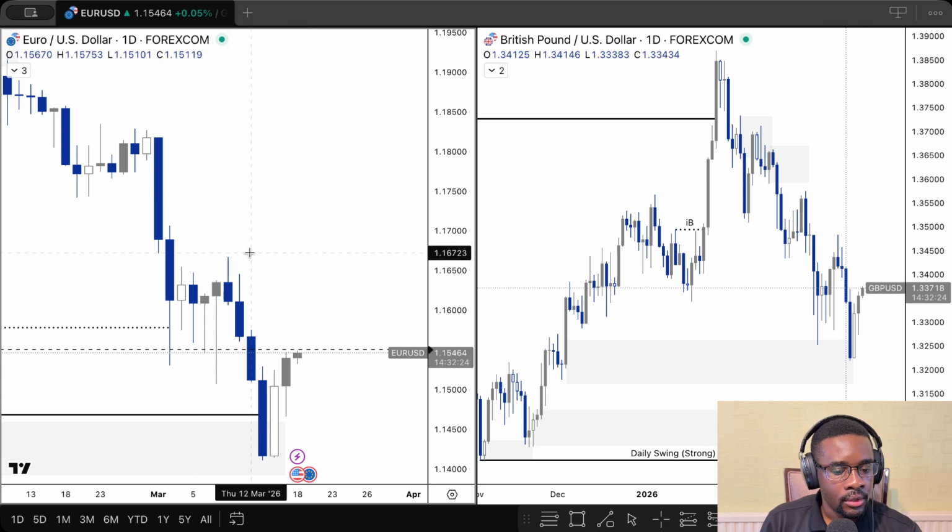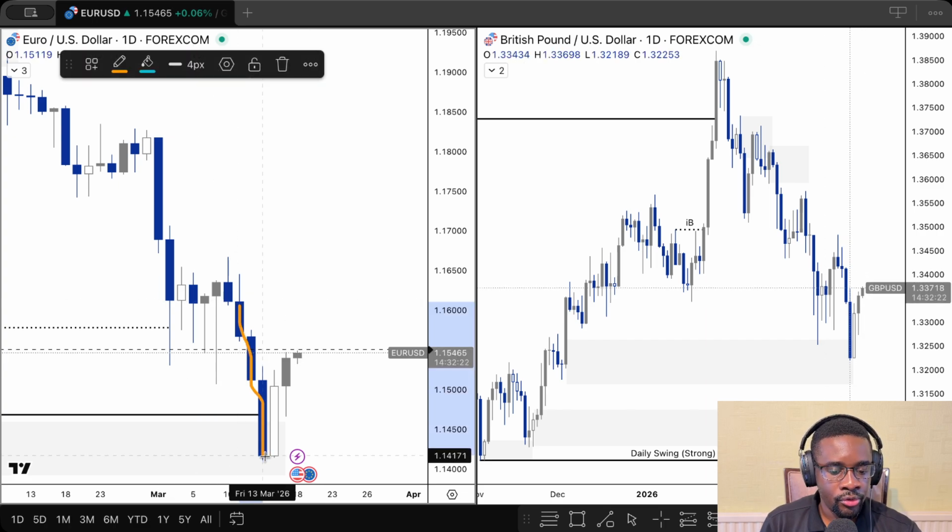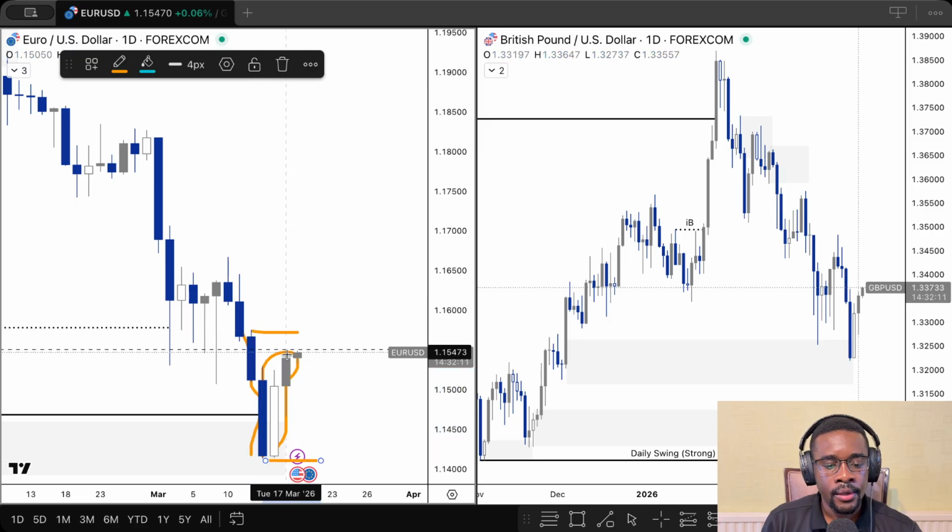We have 3 days of strong bearish momentum, and so far with these 2 days we haven't taken out these two bearish candles. However, anything can happen because today is Wednesday and today we have high impact news. So this could be the day.